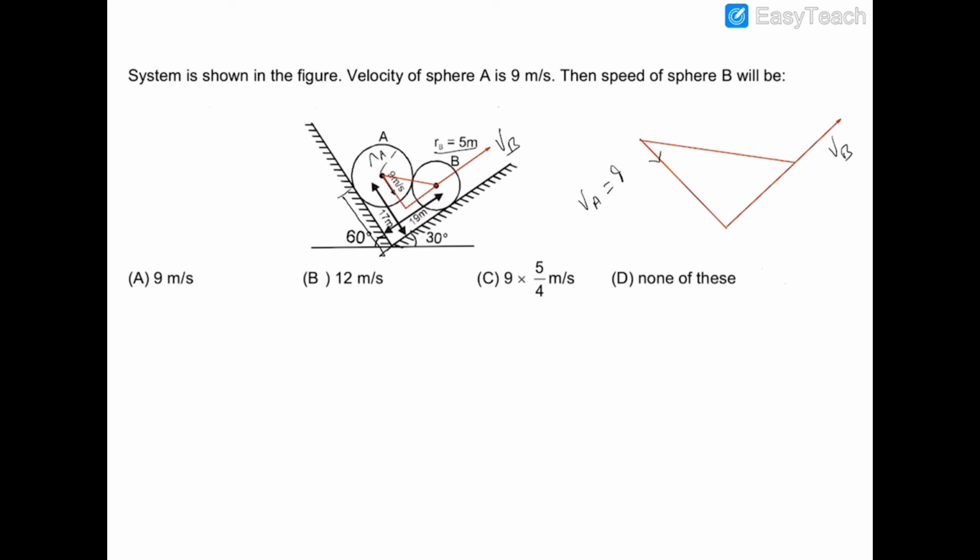Okay, so the length of this side of the triangle will be 17 minus RB. RB is 5, so this length will be 12 meters. Now this length will be equal to 19 minus RA. You can see that this complete length is 19 and this is RA, so this will be 19 minus RA. Please see this carefully.